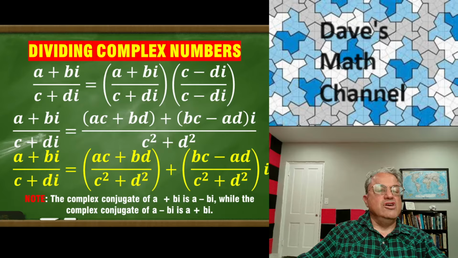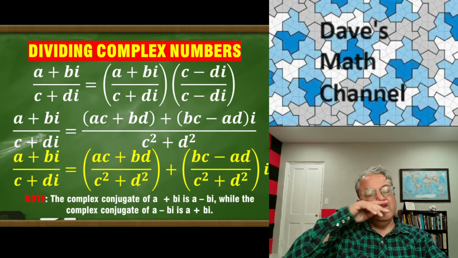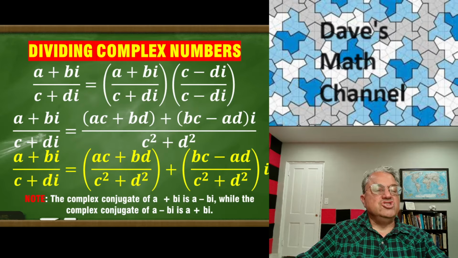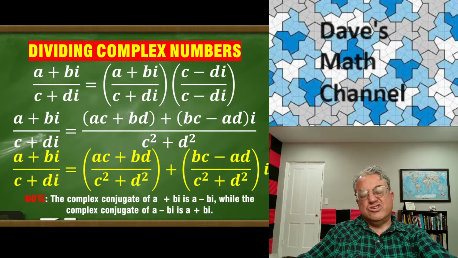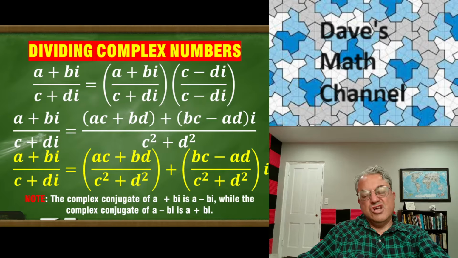If you want to write each component separately, you divide each term in the numerator by the denominator. So the real part is ac plus bd over c squared plus d squared, and the imaginary part is bc minus ad over c squared plus d squared. Pretty neat. So that's a formula for the quotient of any two complex numbers given in rectangular form, and the result is also given in rectangular form.